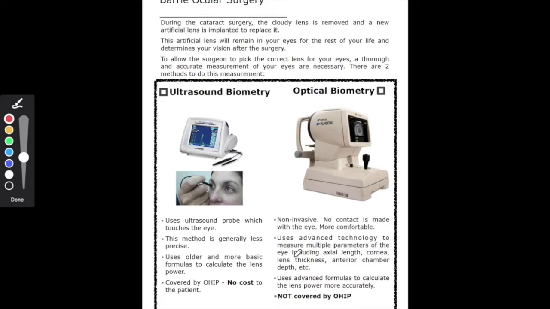It uses very advanced technology to measure multiple parameters of the eye, including the length of the eye, the curvature of the cornea, lens thickness, anterior chamber depth, a lot of anatomical information from the eye, which allows a very accurate measurement of the eye as well as precise IOL calculation or lens calculations.